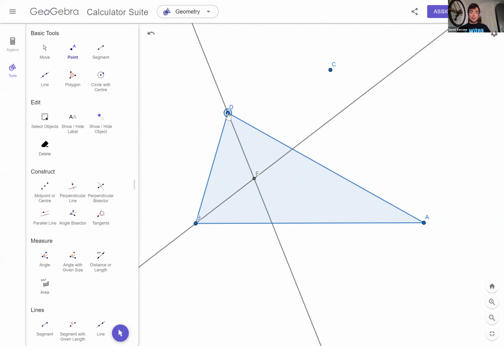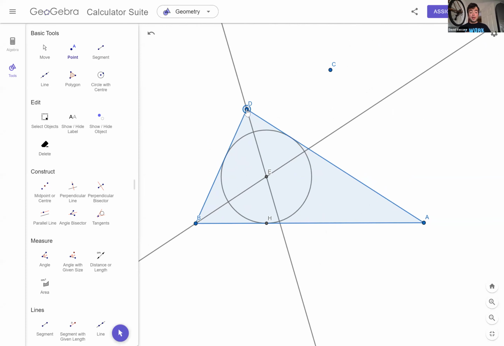And so this shows me that wherever I move the point D to, the angle bisectors all meet at a common point, and that common point is the center of a circle that just touches the inside of a triangle, and that's called the incircle.